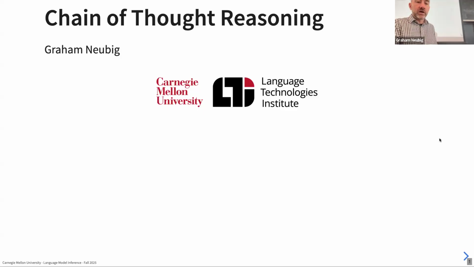And this will build into reasoning models, which are one of the most important technologies that we're working on now. Reasoning models use chain of thought, but they're explicitly trained to be very good at using chain of thought. So you can think of it as an extension of what we're going to be talking about today.